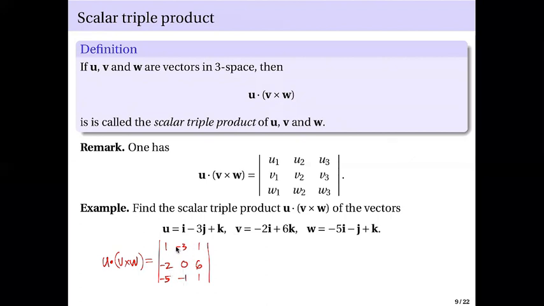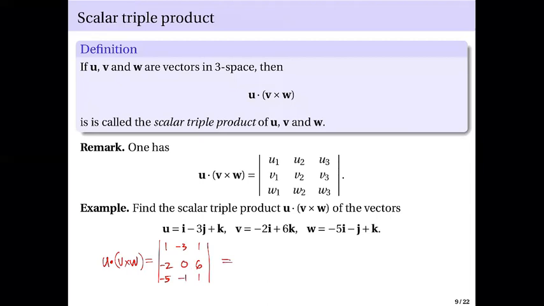You can also use cofactor expansion along any row. You can use cofactor expansion along the second column or the second row because there's a 0 here, etc. So you can use any method to get the determinant of this. Let's see.